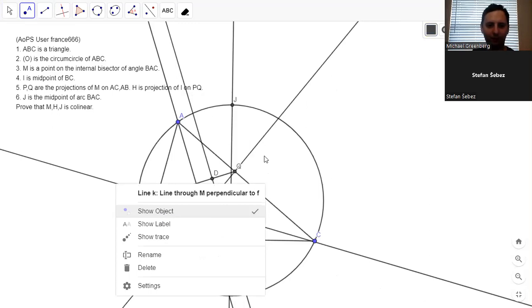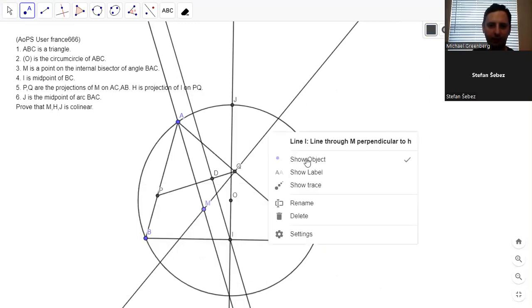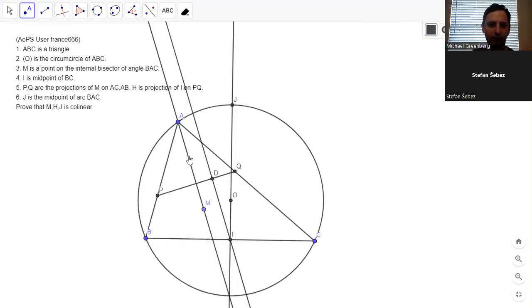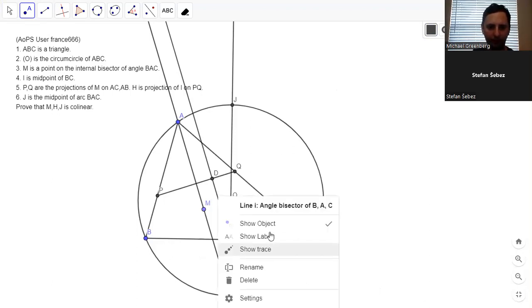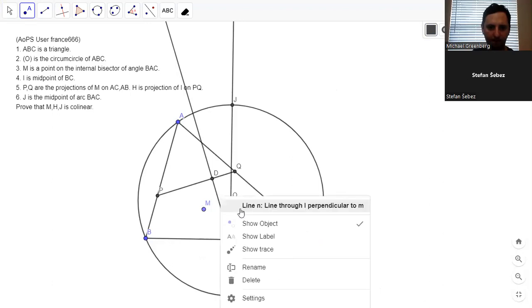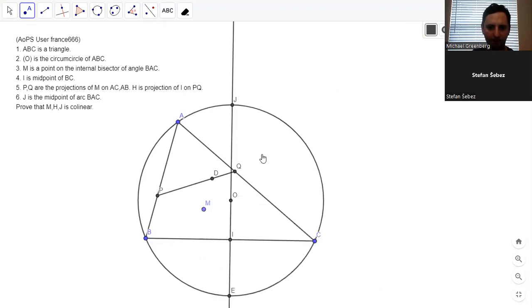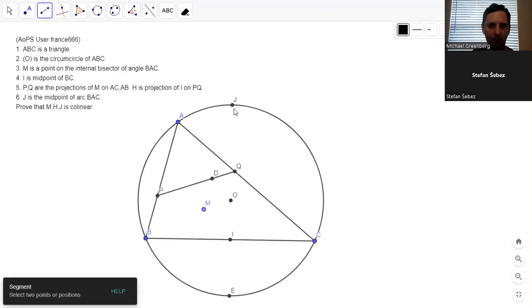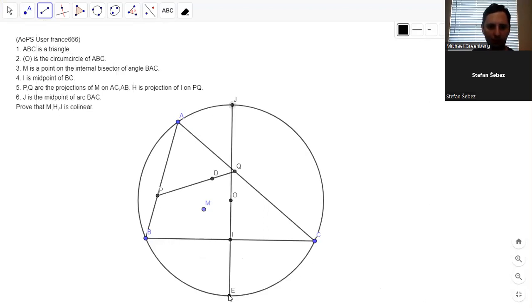So maybe this has a very similar solution to that, because let me draw this point. We have the angle bisector. So yes, this is a generalization of that.